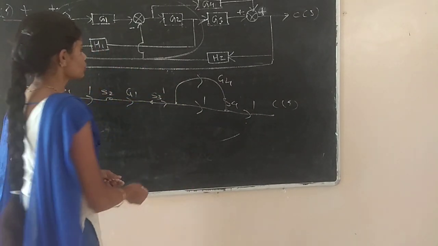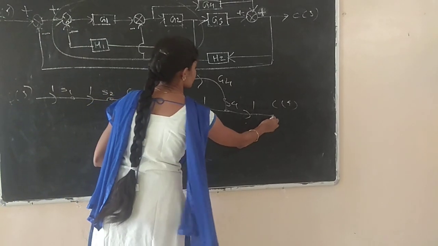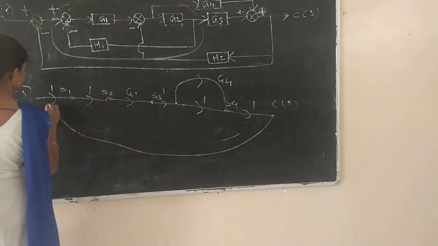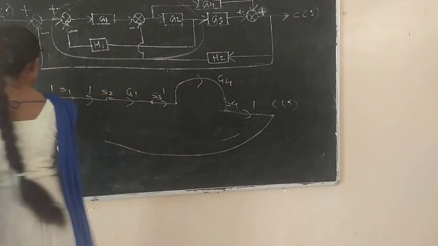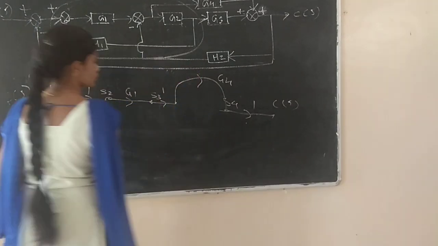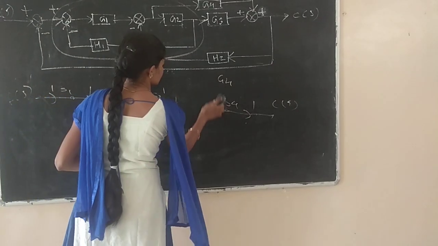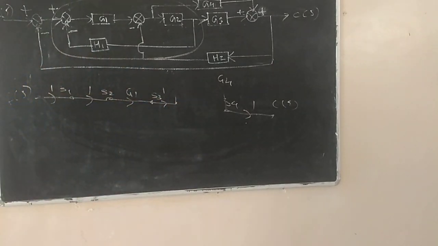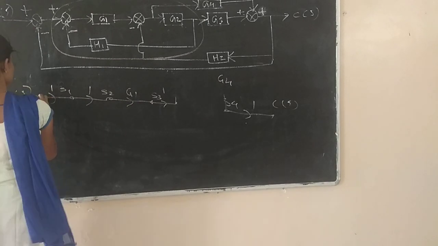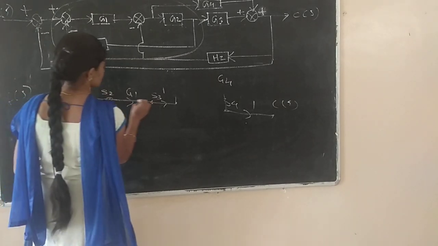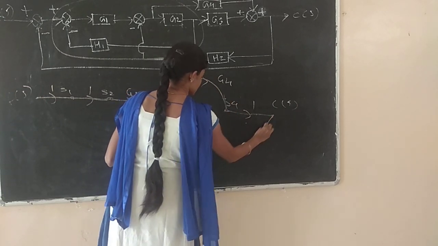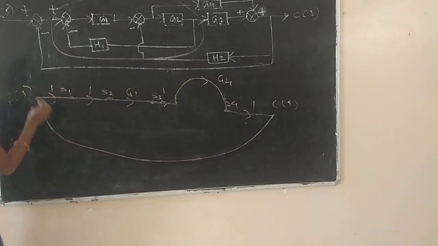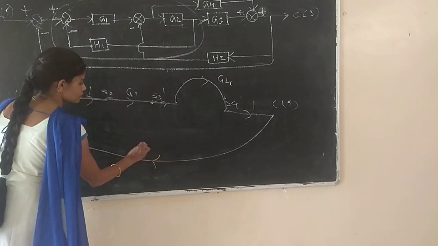Means we see the loop become. The loop starts at S1, S2, S3 at G4 and here it is a minus 1.